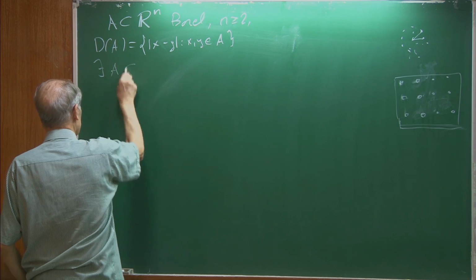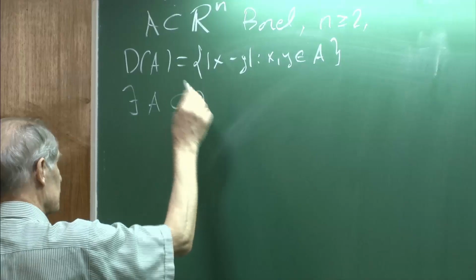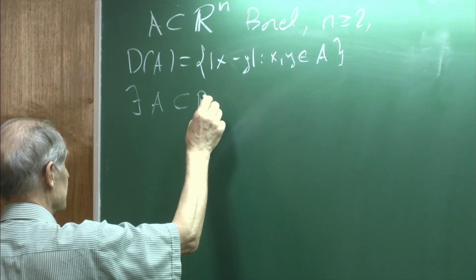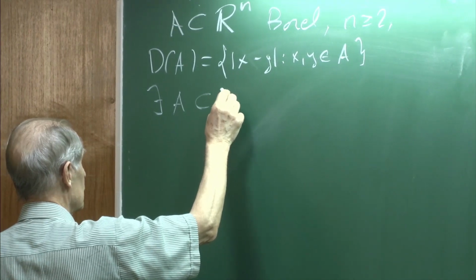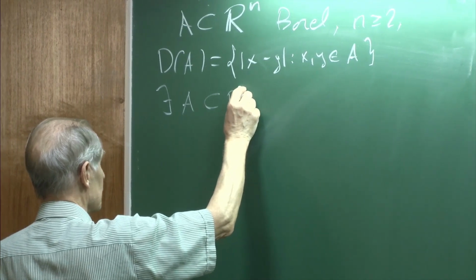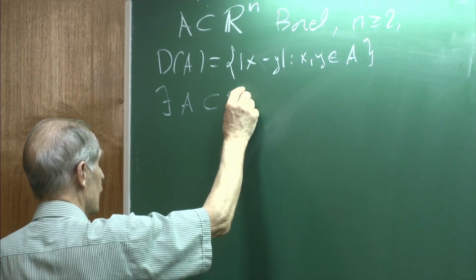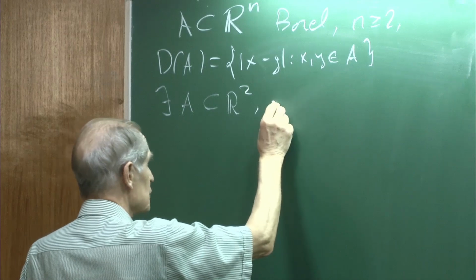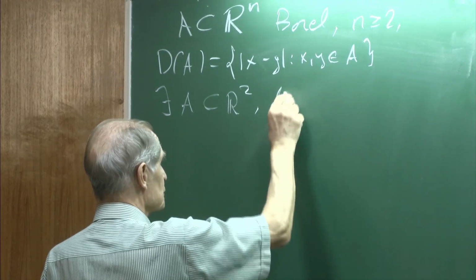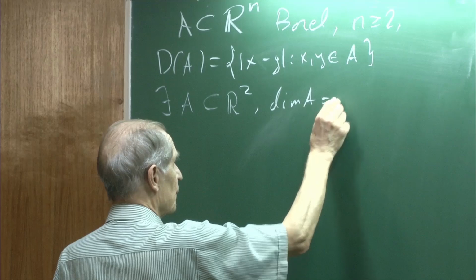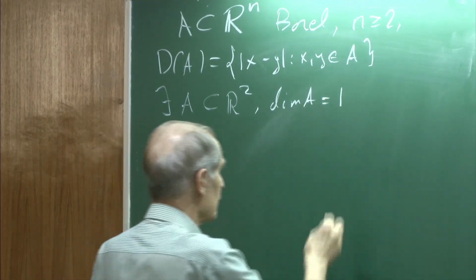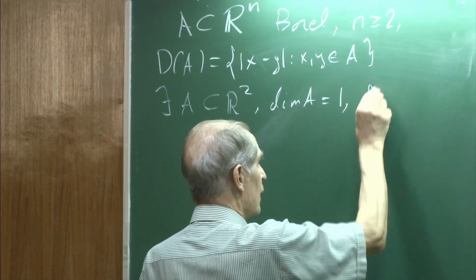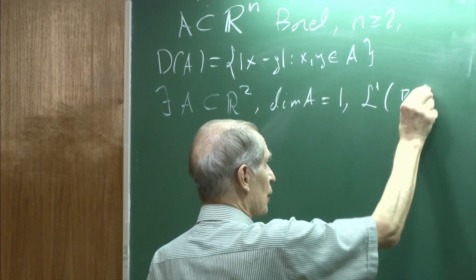And you can show that there is a set in the plane. You can get also the similar example in R^n. Well, with this construction, you get it in the plane, so that the Hausdorff dimension of A is 1, and the distance set has 0 Lebesgue measure.